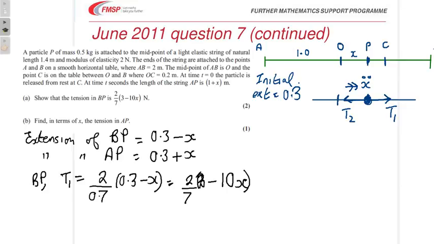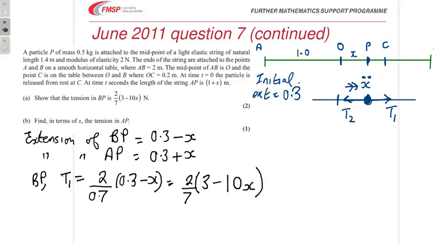Right. Now what's happened there? One moment, just need to tidy that up. Right: 2/7 of bracket 3 minus 10x. That's the BP tension, and we've got to find the tension in AP.